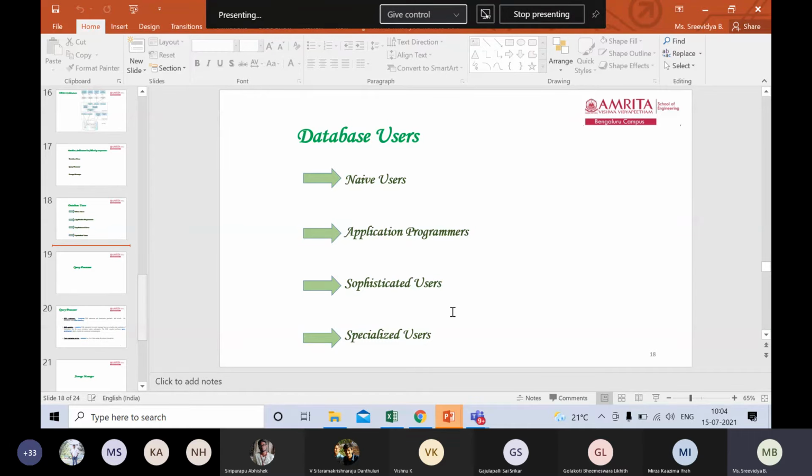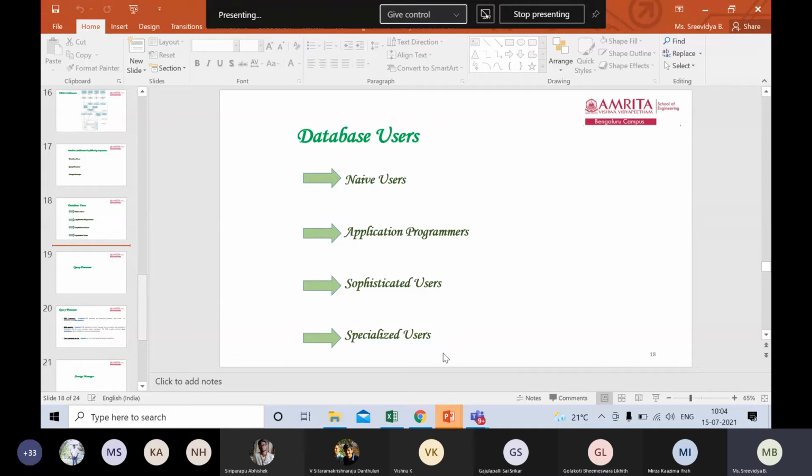Now, specialized users: they are the users who do not conventionally fit into the people who do just the decision making. They are the ones who contribute not only towards bettering the system, they try to come up with applications based on new technologies built on the current existing ones.